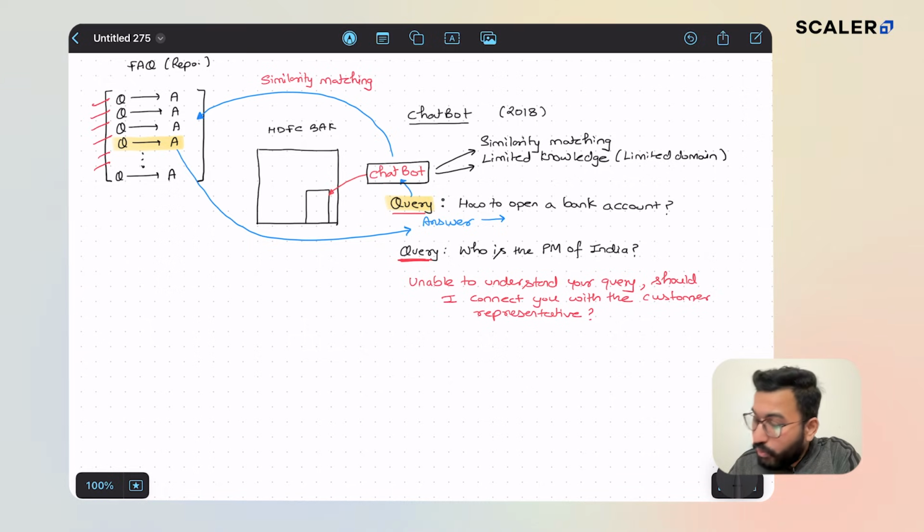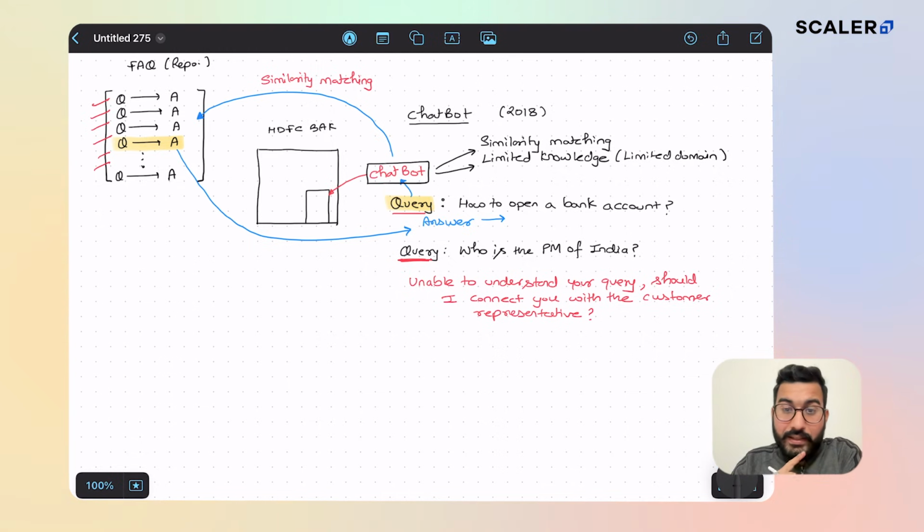And what I mean by domain is that this chatbot can answer your questions related to a company on which it has been trained. This chatbot can answer questions related to a specific industry also. But the point is that this is not a generic chatbot. It can only answer questions related to a specific industry or a specific company. They are not generalized chatbots.